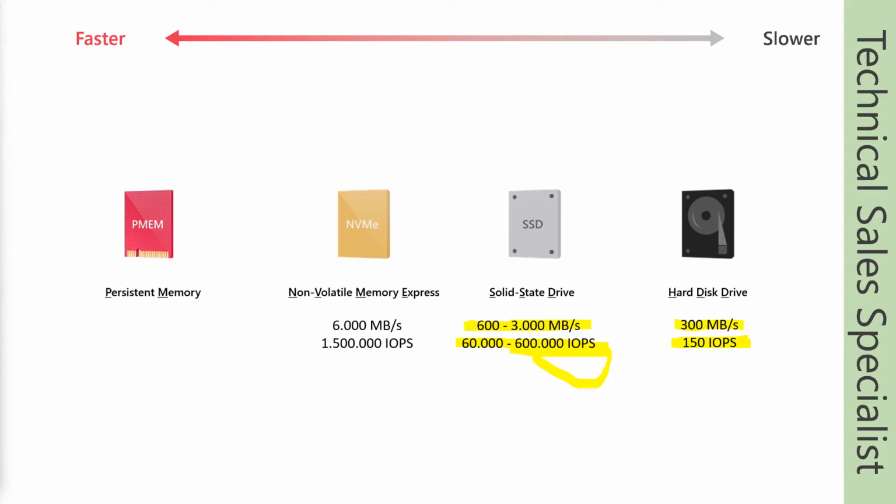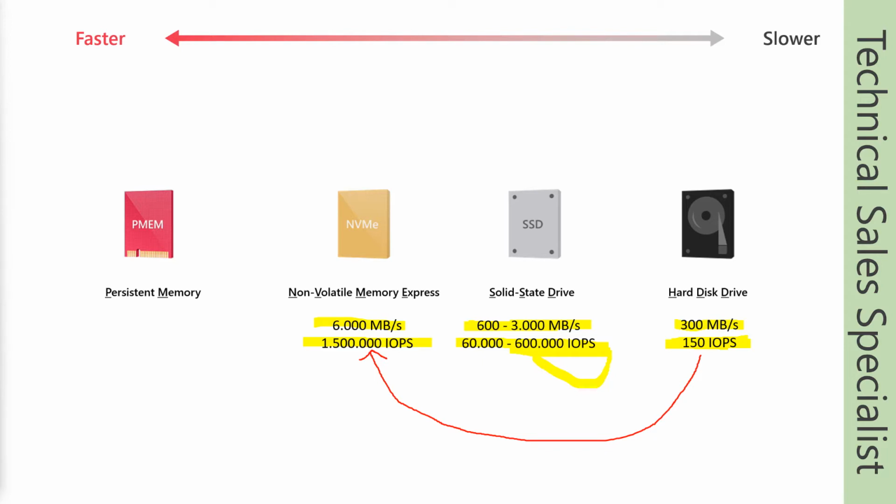The non-volatile memory express NVMe drives have more throughput and more IOPS per second. It's amazing when you look at this here, what's the factor between hard disk drives and NVMe regarding the IOPS.